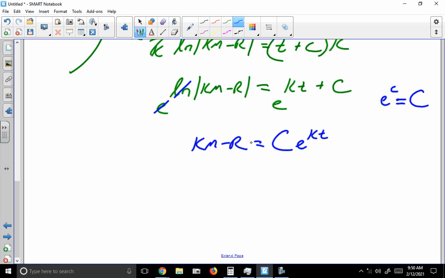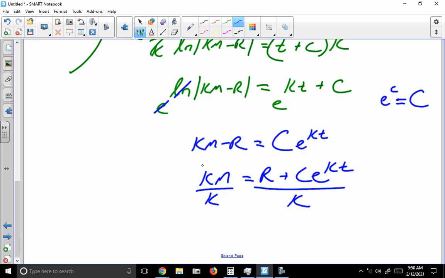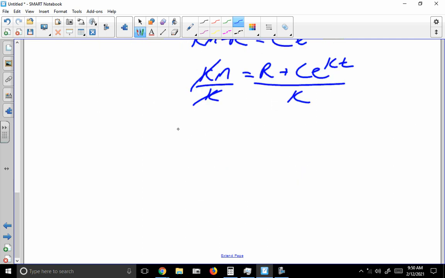All right, so add r to both sides: r plus c e to the kt. Divide both sides by k. So those cancel, so we get m equals 1 over k times r plus c e to the kt.